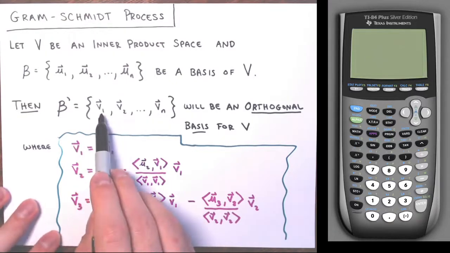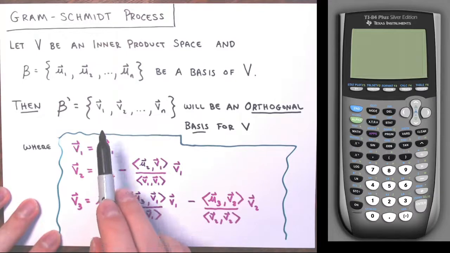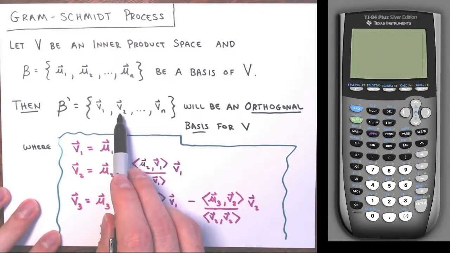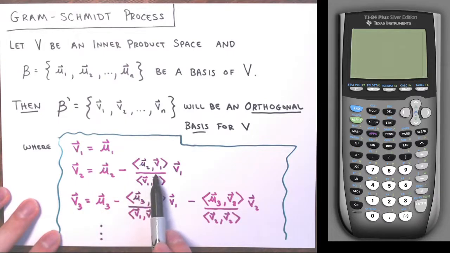So remember, I just let v1 be u1. Simple. Then v2 will be u2 minus the projection of u2 onto v1. So that's the inner product of u2 with v1 divided by the inner product of v1 with v1, times v1.